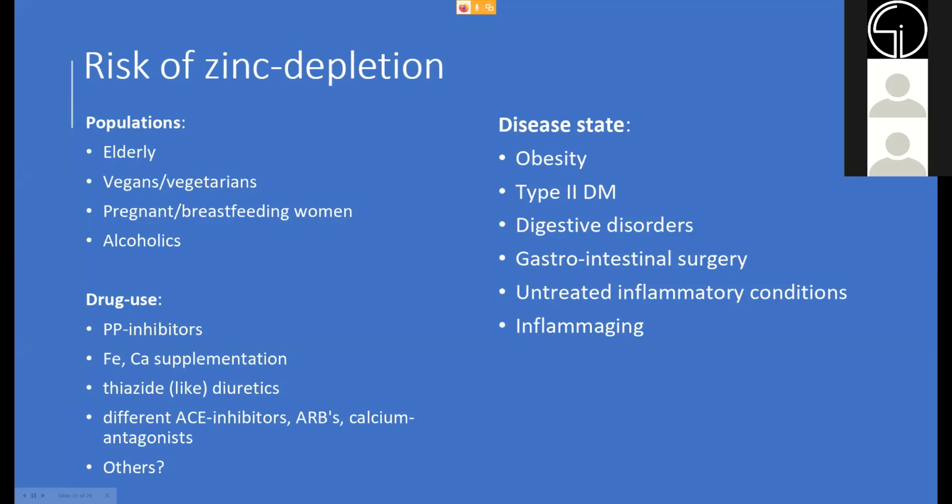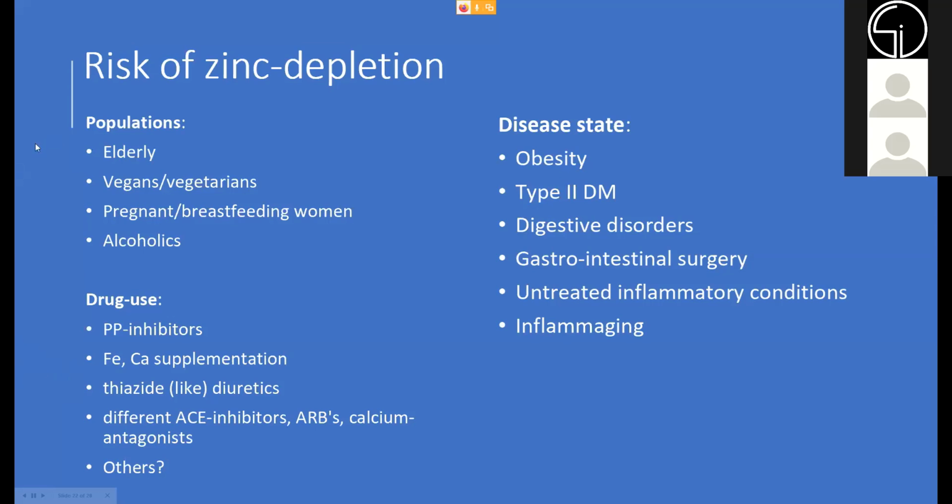So who is at risk of zinc depletion? They are the elderly, men more than women, vegans, vegetarians with a low intake of zinc, pregnant and breastfeeding women who need a higher intake of zinc, and alcoholics. Now, as for drug use, we have seen that there are different drugs reducing serum and intracellular zinc levels.